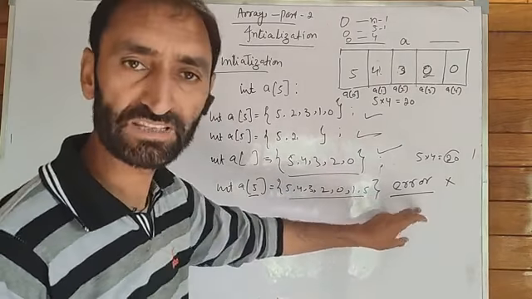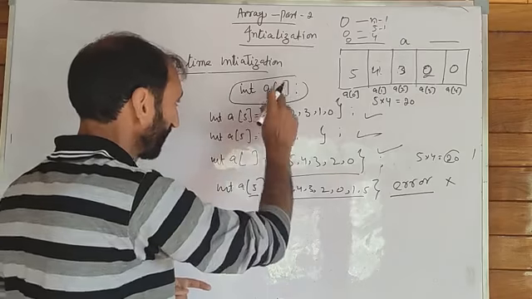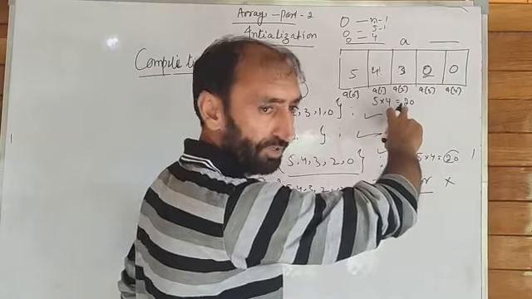It will show me an error. Because I have declared the array whose size is only 5, that means 5 into 4, 20 bytes, will be allocated by the memory manager.